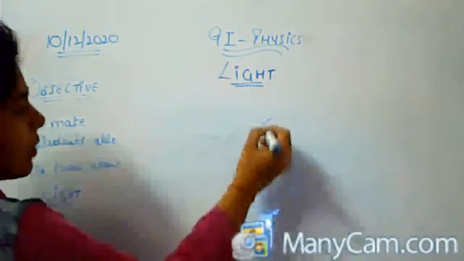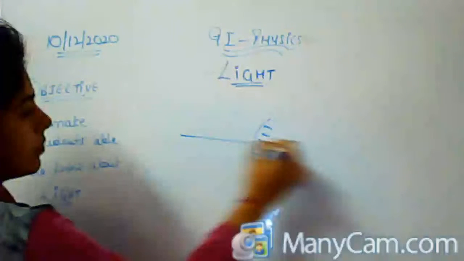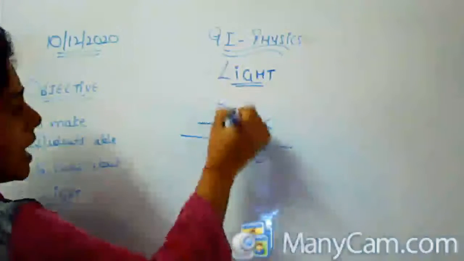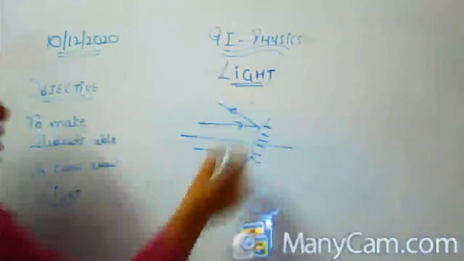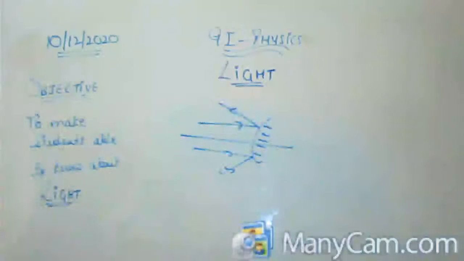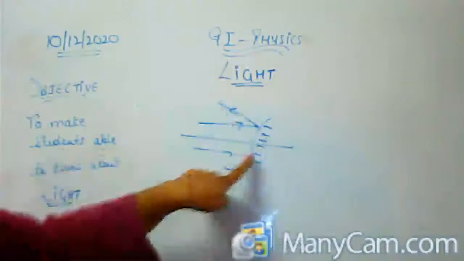Convex में क्या हो रहा था? They go in the opposite direction. So they diverge. Diverge means going apart from one another.